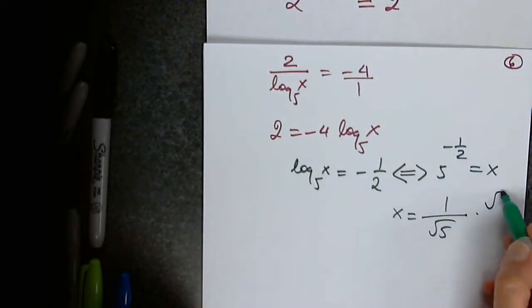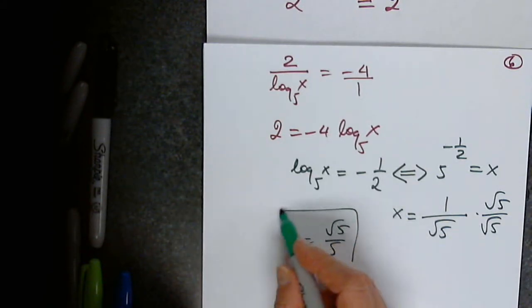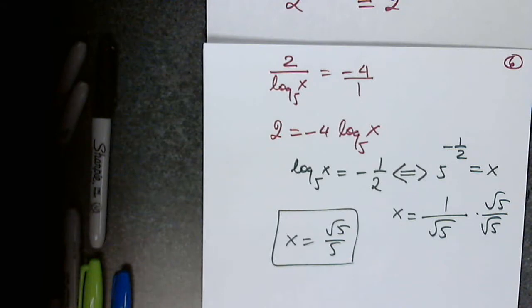So I can also rationalize it. And then I have x equals the square root of 5 over 5. Very good problem.